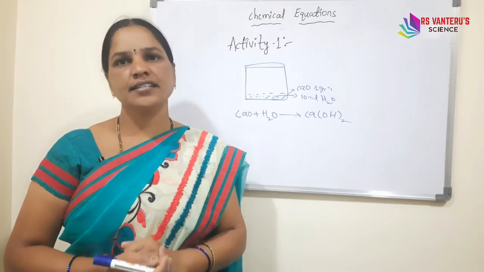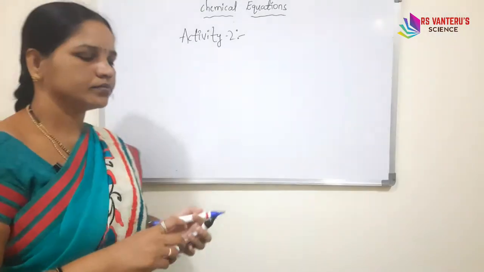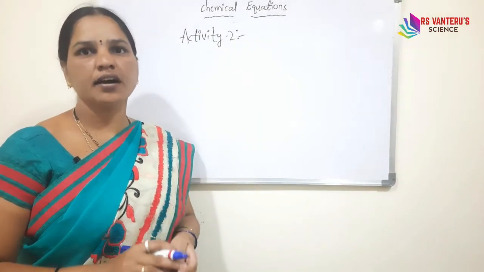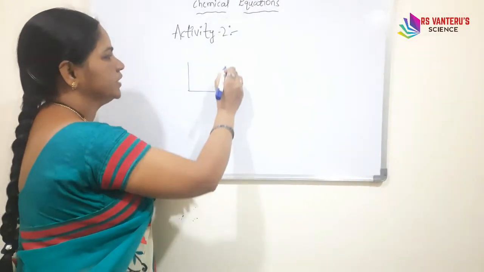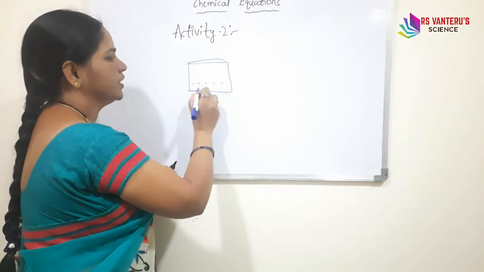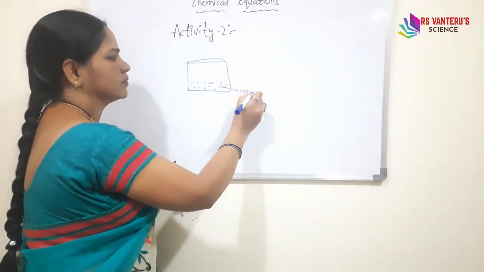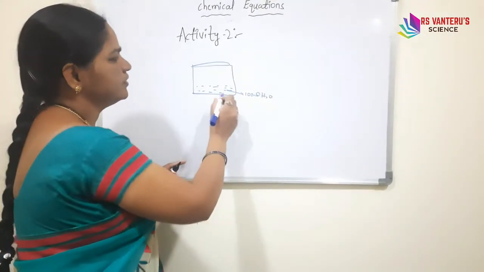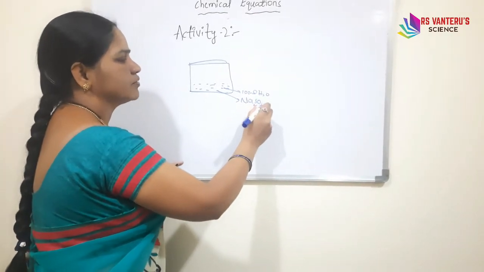Now let us consider another activity. Activity 2. First take 100 ml of water in a beaker and mix it with sodium sulfate, Na2SO4.